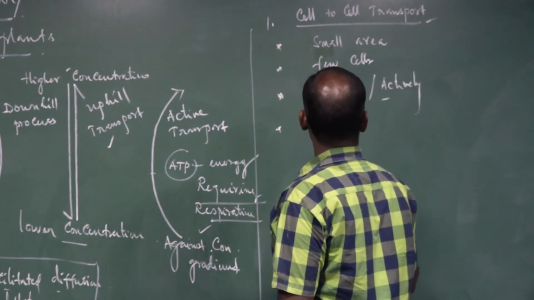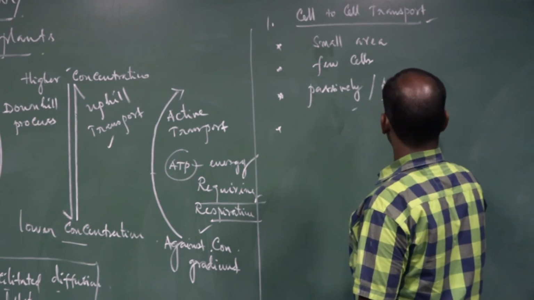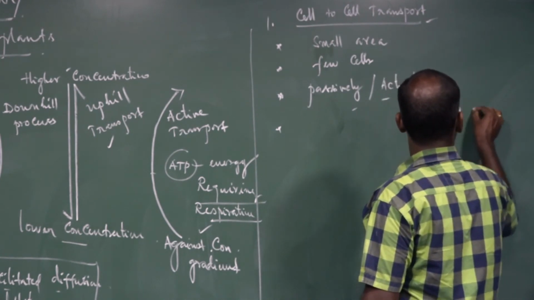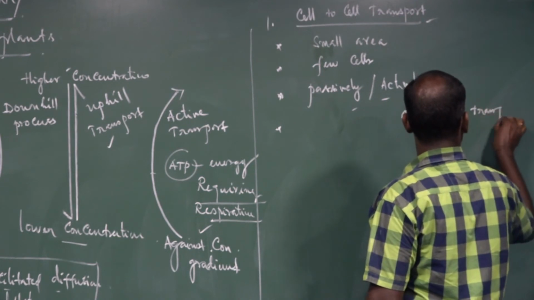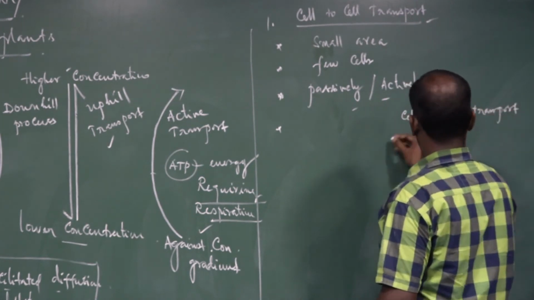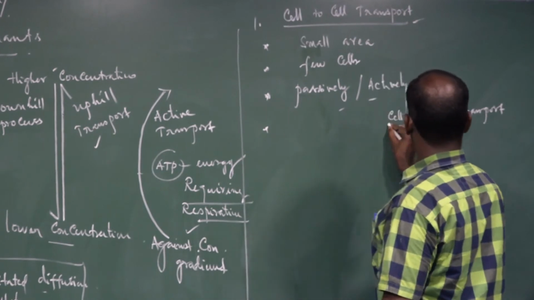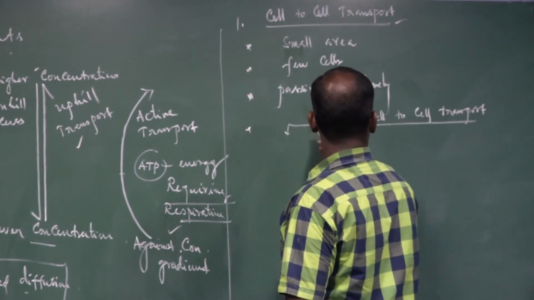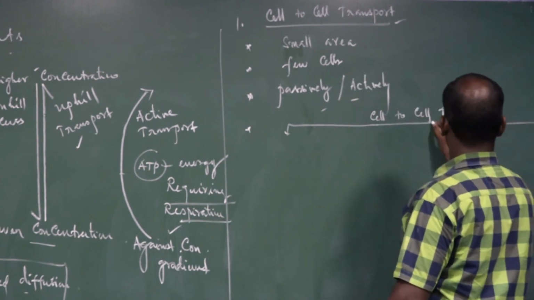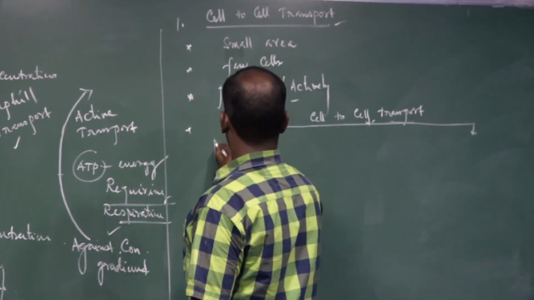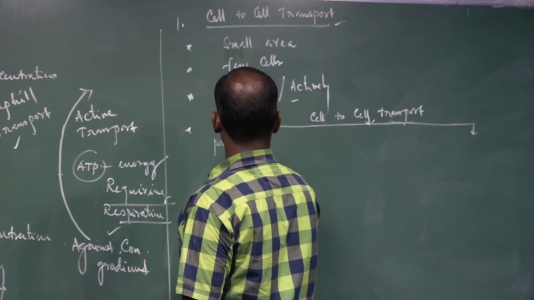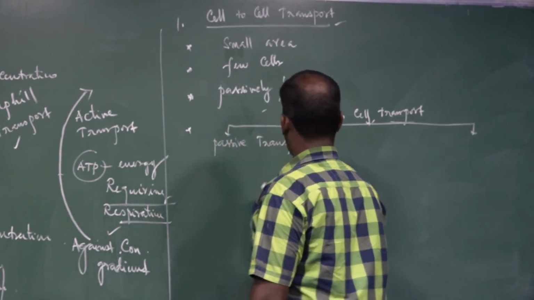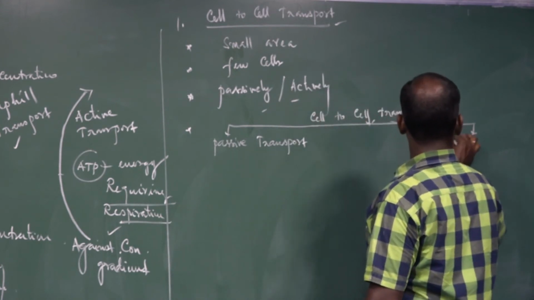So it is further classified into two types. Cell to cell transport is classified into two types: one is passive transport, then active transport.